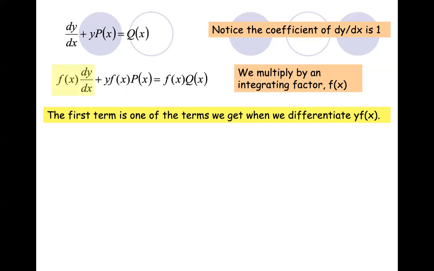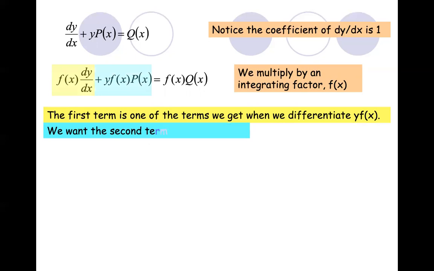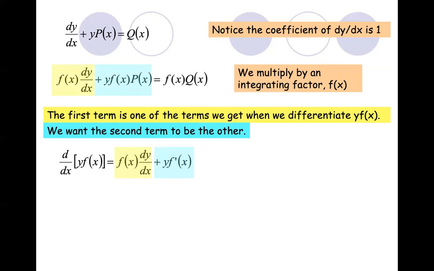The first term we get by differentiating y f of x. So we want to find the second term. When we differentiate y f of x, we get the first term, which is f of x times dy/dx, and then the second term is y f prime of x. And y f prime of x should be this.